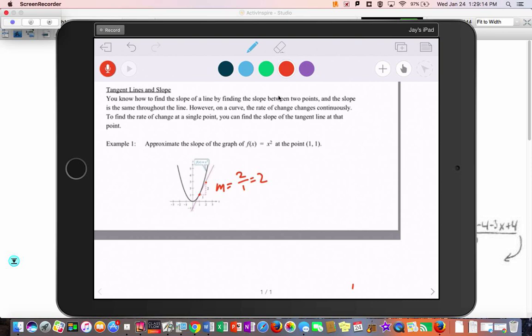So at that dot, at 1, 1, the slope is 2, which is like the average rate of change. If I did this dot, the tangent line is here, and the slope is 0. So we've never done slopes of curves, but all of a sudden we're doing that now, and that's what the difference quotient is going to help us do.